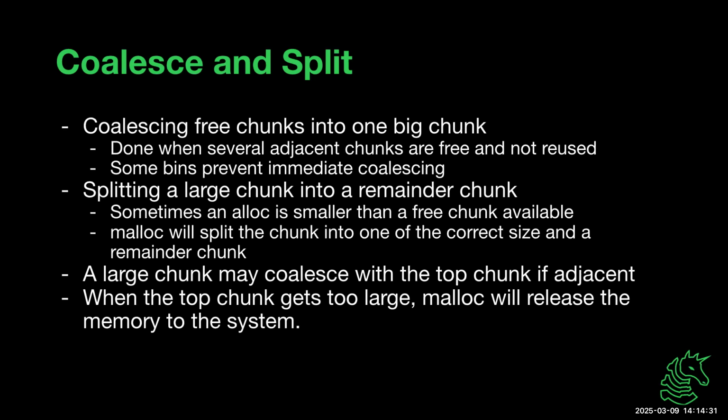You combine them to form one larger free chunk. The reason you do that is so that if someone requests a larger piece of memory, you can still use those free chunks instead of taking from the OS or from the top chunk and using more memory.